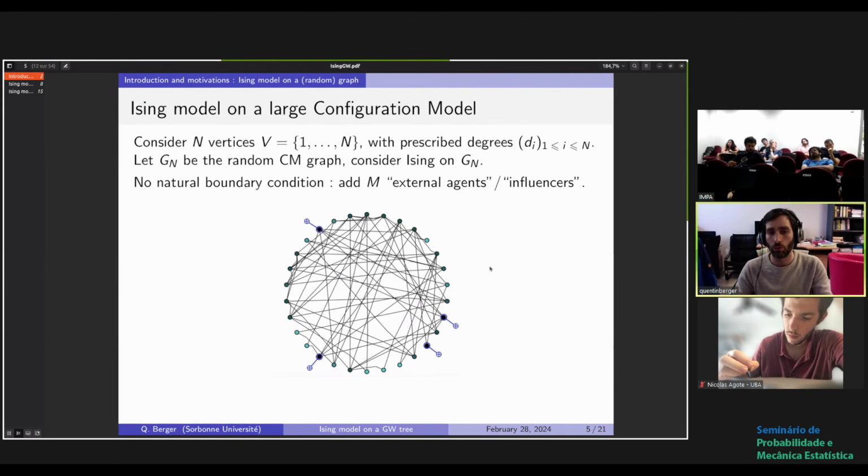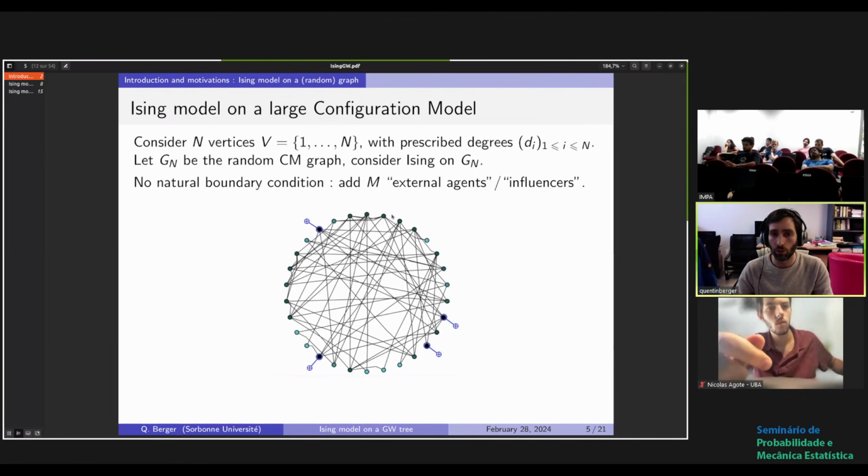The simplest way to analyze is just to put a Bernoulli random variable here with small probability. But M, you can think about it as: you want to add a plus external field to a given number of sites.